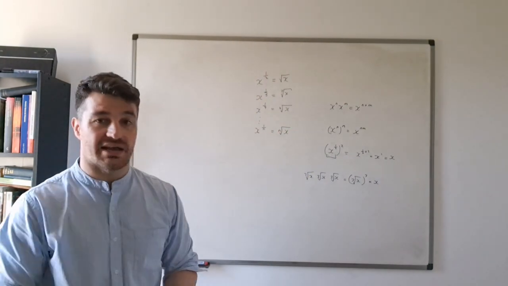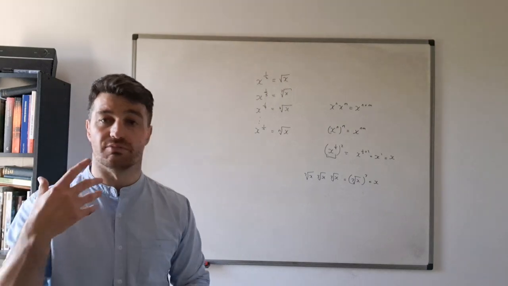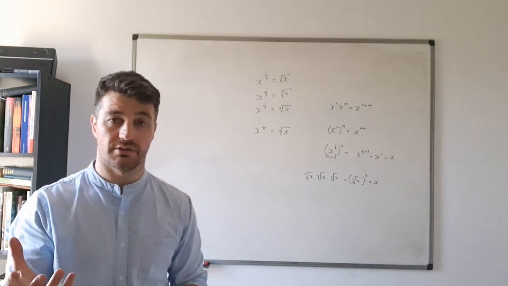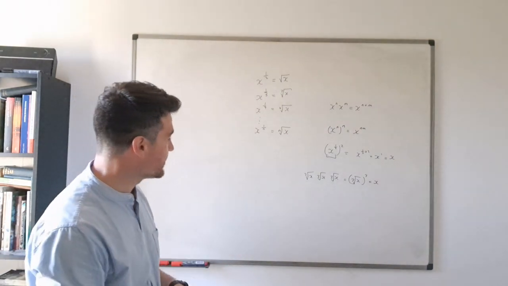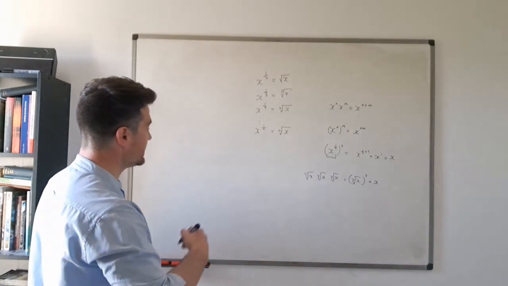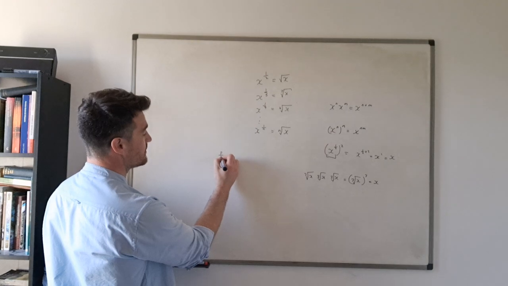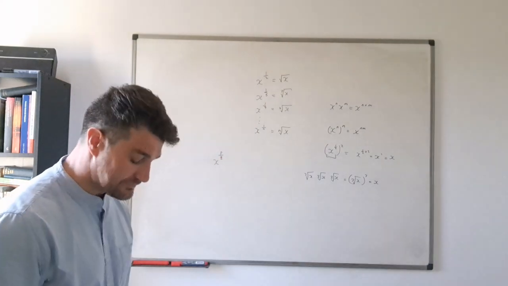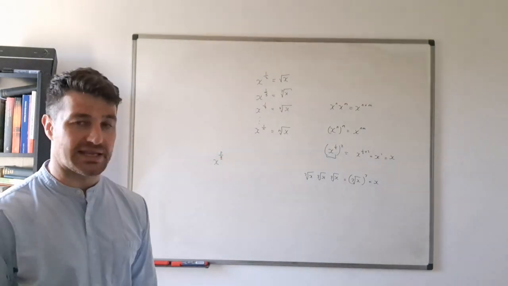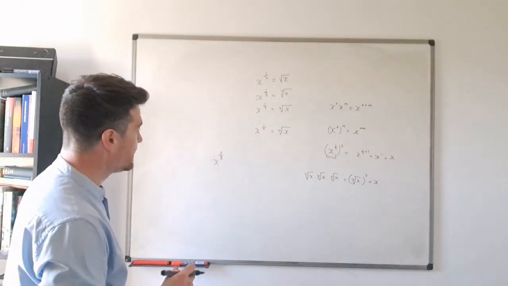Then we can start thinking about what we mean by much more general rational powers of x. So if we think about the expression x to the power of p over q, for example, what do we mean by x to the power of p over q?